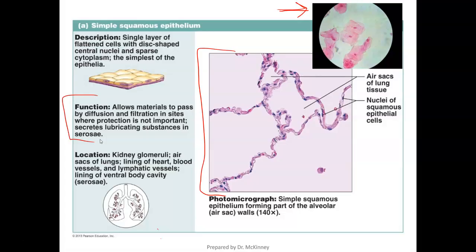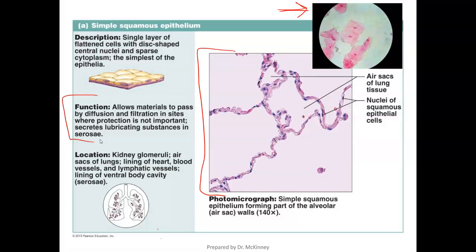We see simple squamous in the lining of the heart, in the innermost surface where the blood passes through or over. That's going to be simple squamous epithelium. Another name for the lining of the heart is called the endocardium. Blood vessels, the innermost lining of the blood vessels, the endothelium, the tunica interna, is made of simple squamous epithelium.